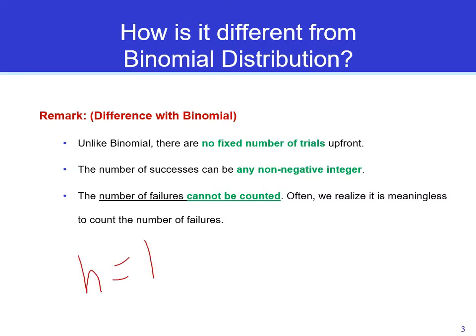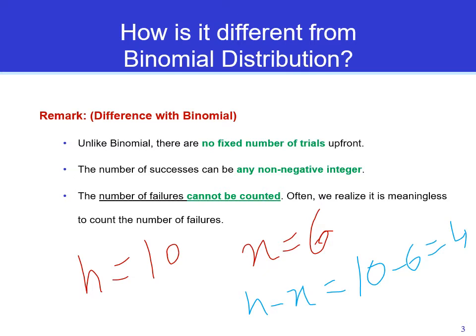So if n is 10 and you get x equal to 6 successes, 6 heads, then n minus x, which here would be 10 minus 6, equals 4. So you're going to have 4 failures here. So we can easily count the number of failures. The number of failures would be n minus the number of successes.